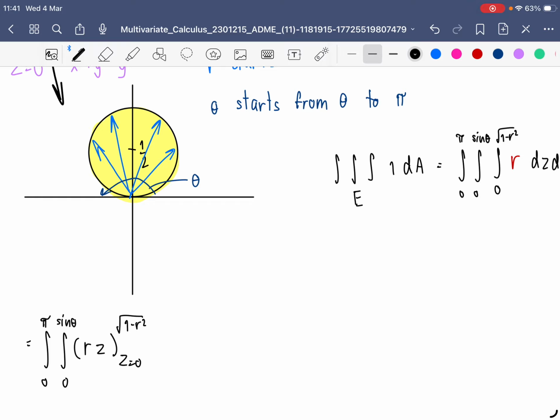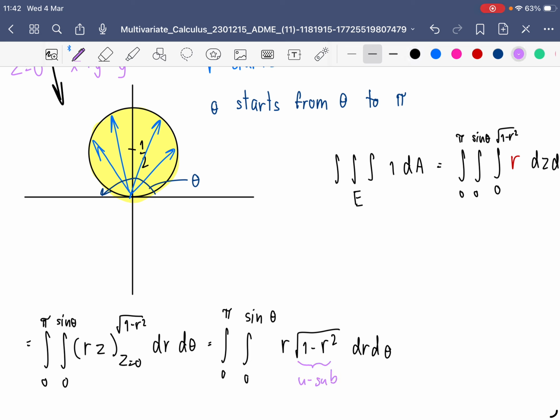R square root of 1 minus r squared. And then for this one, you do the u substitution. U is 1 minus r squared. I assume that everyone should be able to do this at this point.